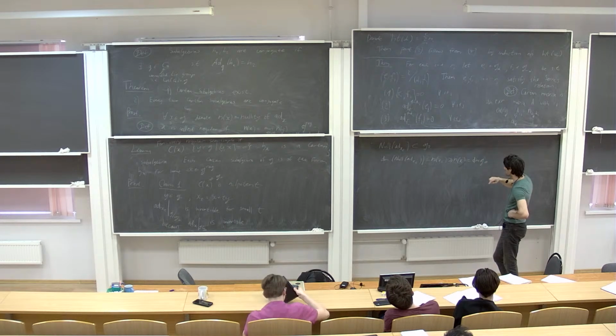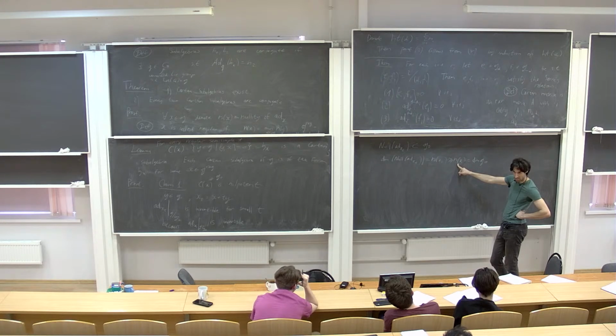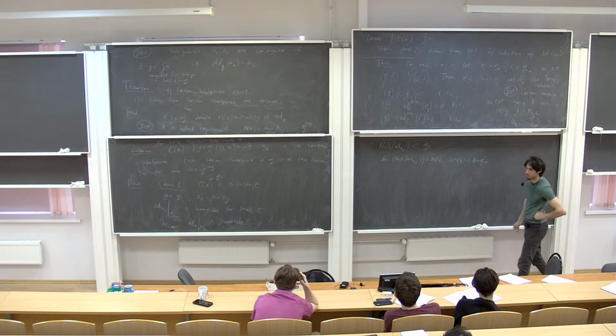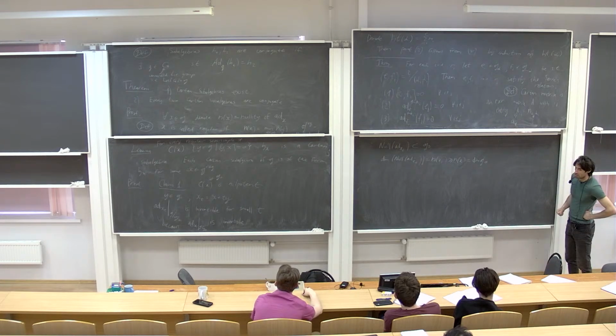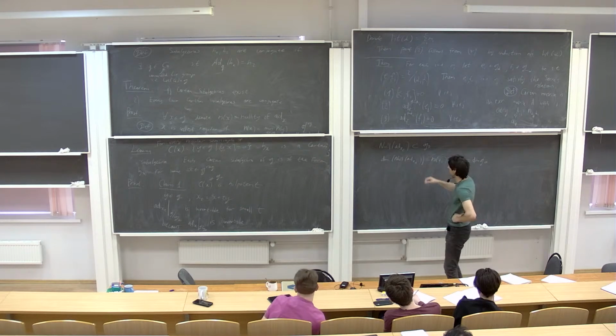So it's exactly the dimension of the kernel of the adjoint action of x. The kernel of the adjoint action of x is C of x, the centralizer. So therefore, we have equality here.